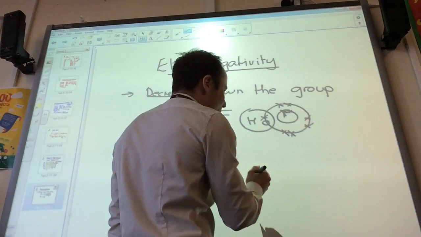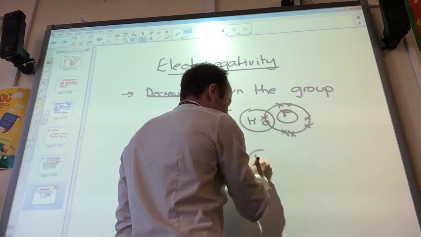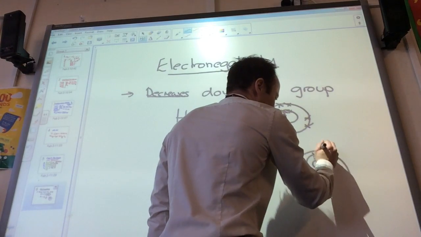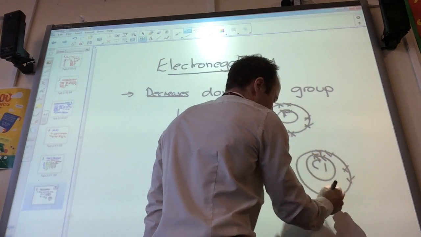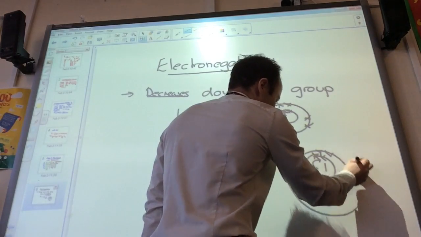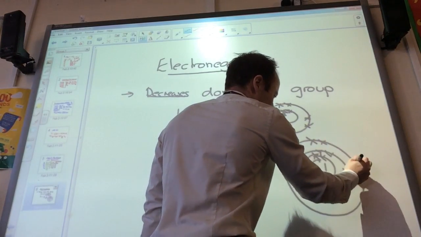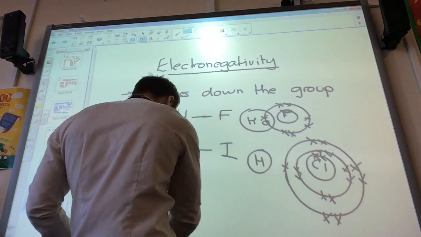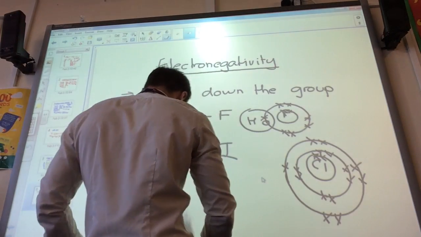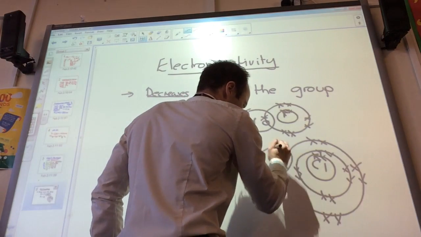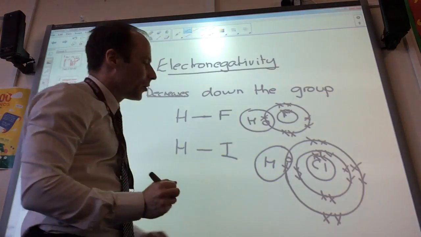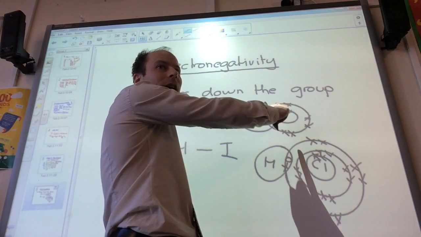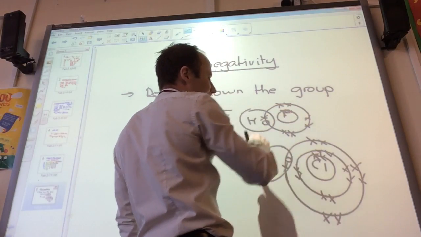If we have a look perhaps at chlorine, I've got another shell. If I've got that, the distance between the pair of electrons and the nucleus is much less, so it's going to be more attracted to that nucleus.